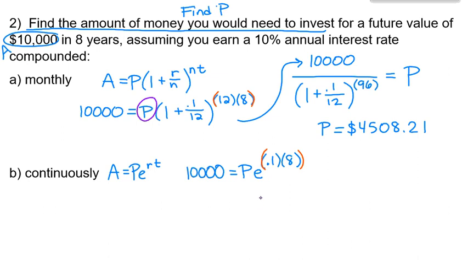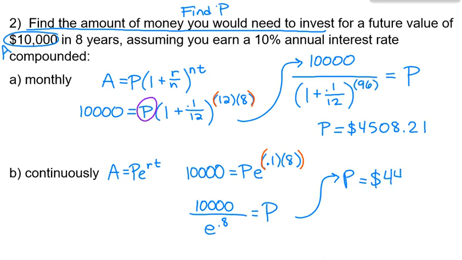So divide both sides by E to the 0.8. 10,000 divided by E to the 0.8 equals P. And when you put that in your calculator, you should get approximately $4,493.29.